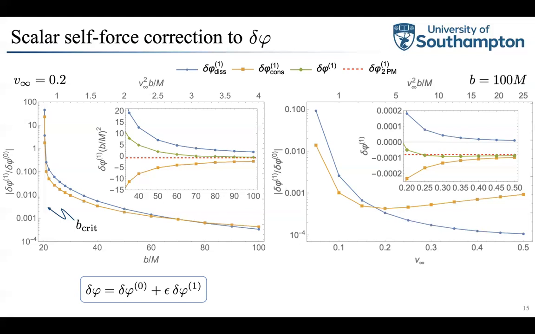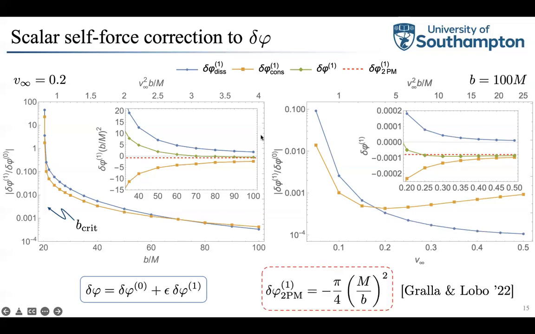Another thing you can see is that the full correction, this green line, is tending towards this red dashed line. This is a weak field 2PM expansion as calculated by Gralla and Lobo. And as we go further into the weak field regime, the results get closer and closer to this analytic weak field result, which is a good measure of showing that our results are consistent with what we expect.